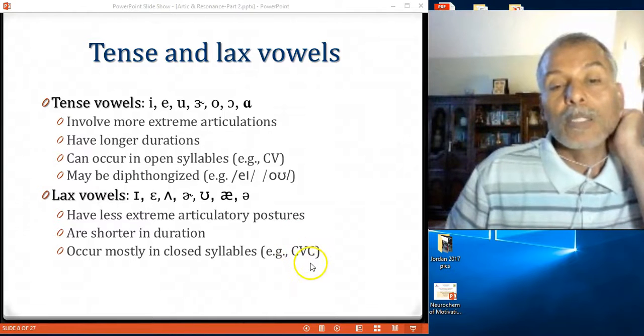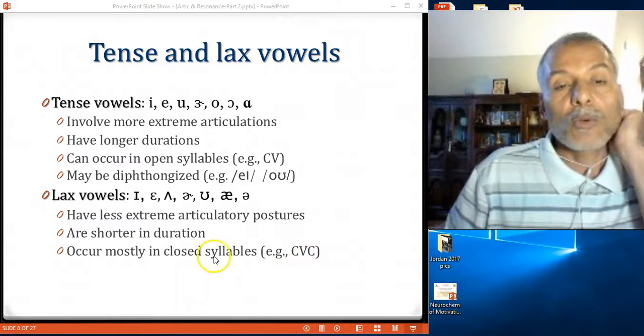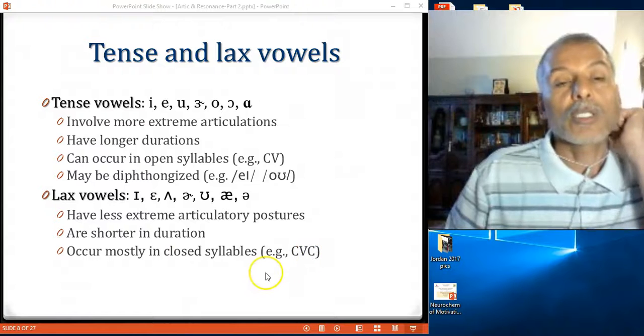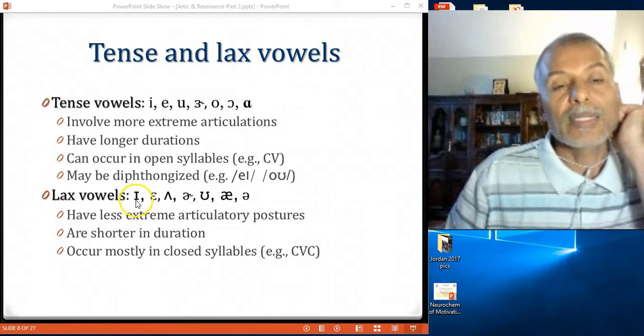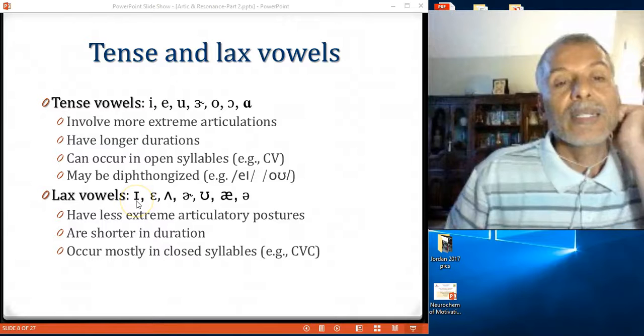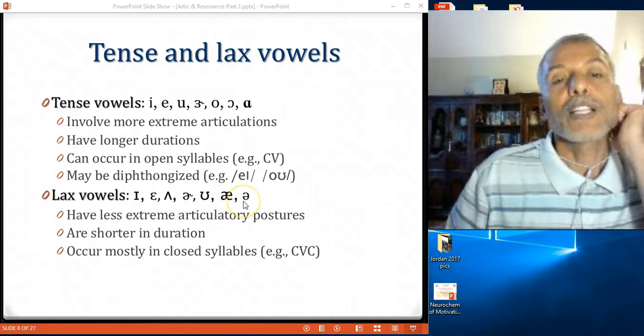So again, they occur in syllables that end with a consonant all the time. And these are again as in kit, and as in epsilon, as in head, and as in bug, and as in butter, O as in book, A as in cat, and the schwa as in alone.